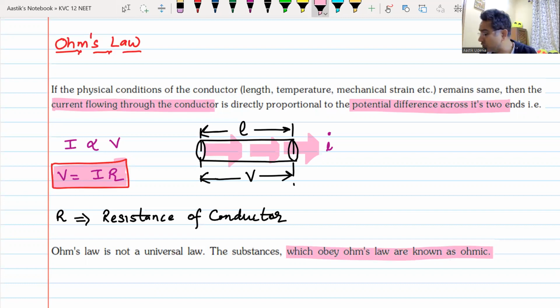Basically, these ohmic bodies consist of your metals. Metals are the only bodies which follow this Ohm's law and they are known as ohmic bodies.